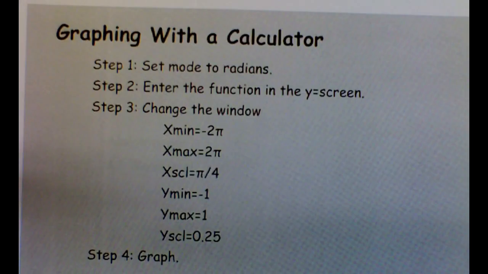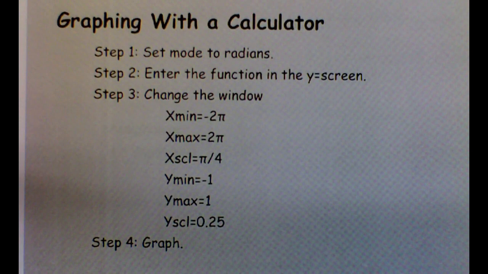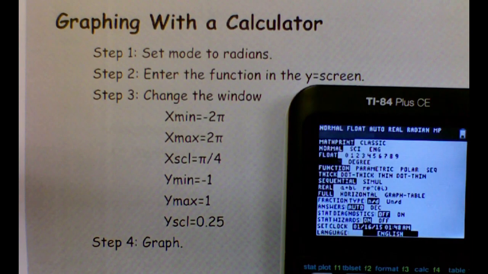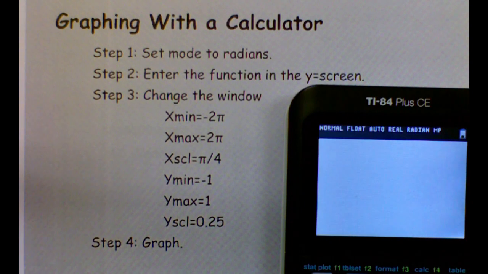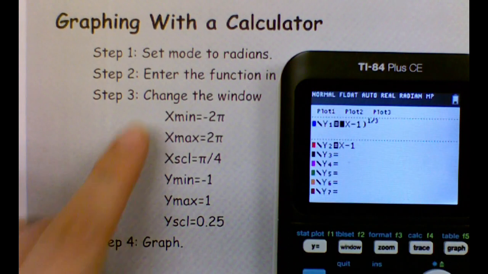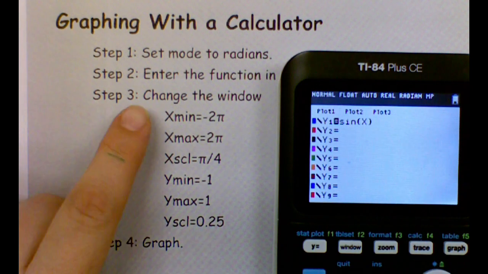Finally, we're going to talk about how to check your graph with a calculator. So, we're going to be graphing in radian mode. So always go mode, make sure you are in radians there. I am, I'm good. We're going to enter the function in the y equals screen. So y equals, let's try sine of x. Close my parenthesis. Then we change our window.